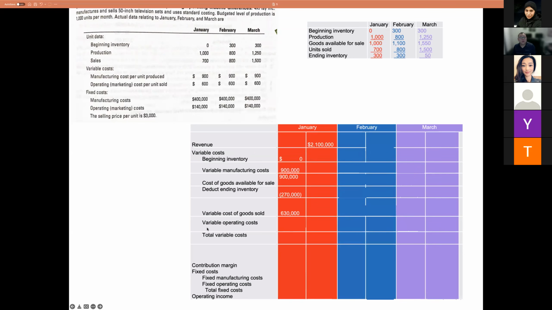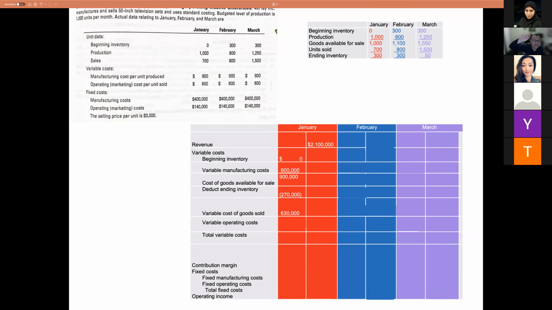What about my variable operating cost? How do I calculate this? Variable operating cost is about units sold. How many units sold in January? 700. Be careful, there are two unit numbers: one is production units, the other is sales units. So the variable operating cost is related to units sold.